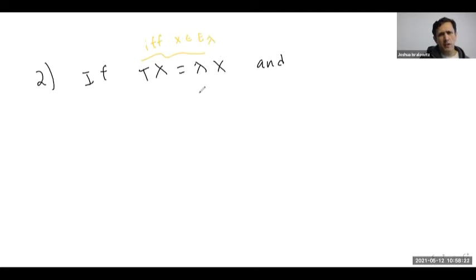So here x could be 0, really. But yeah, this is true if and only if x is in E lambda. And let's say Ty rather is lambda prime y.